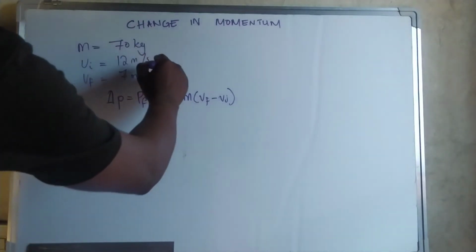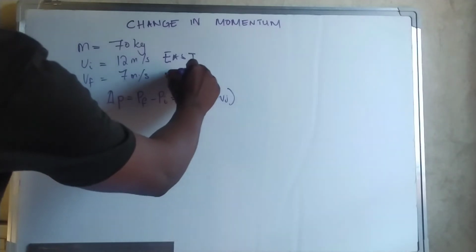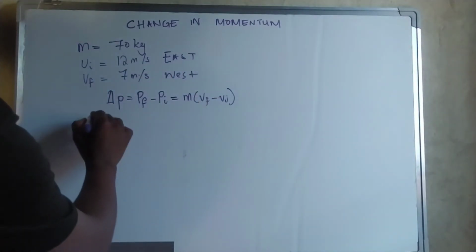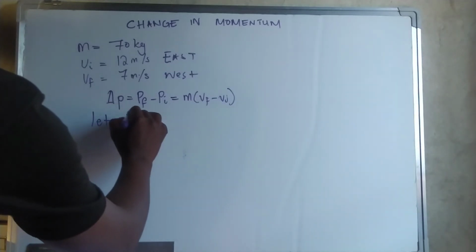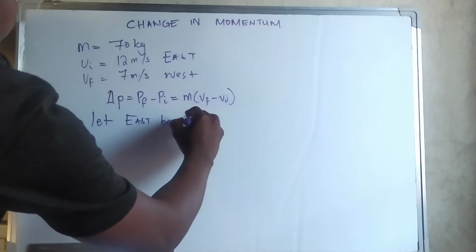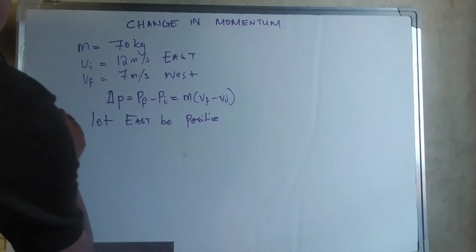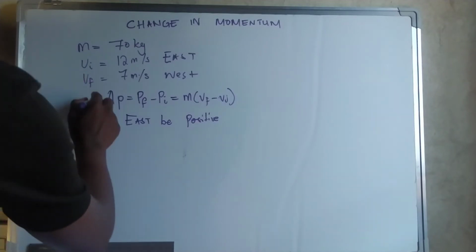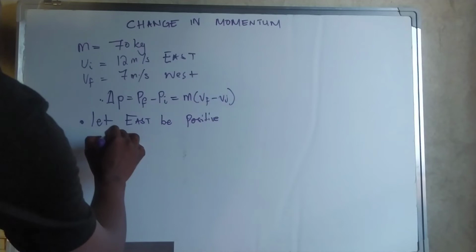So this initial velocity is to the east, and this one is to the west. Okay, and then let's indicate directions. So we're going to say let east be positive, or let direction to the east be positive. Okay, and once we have done this, now we can continue with answering their question.